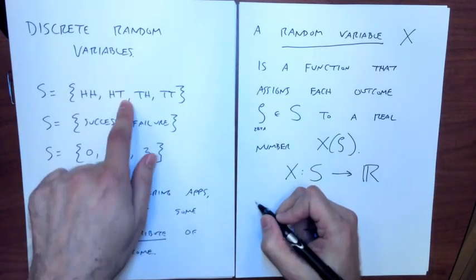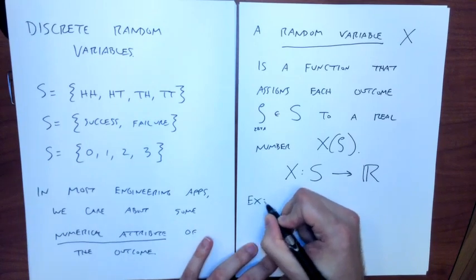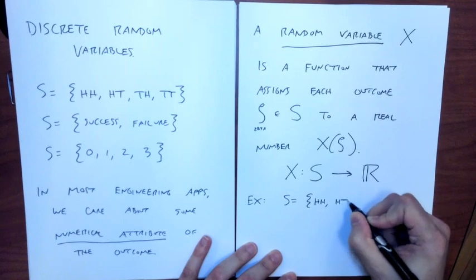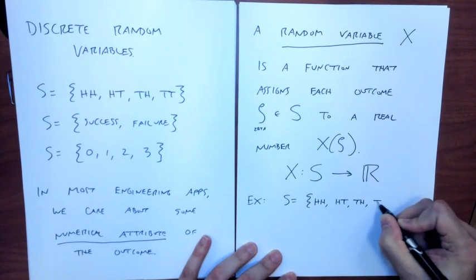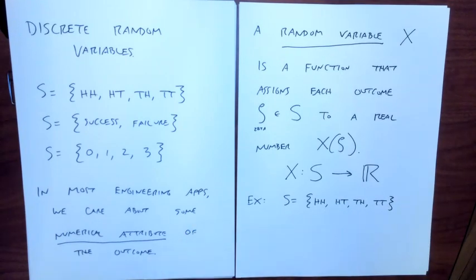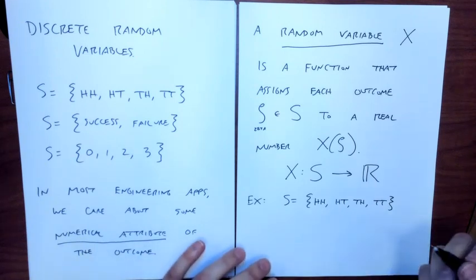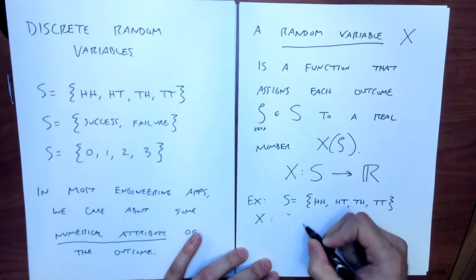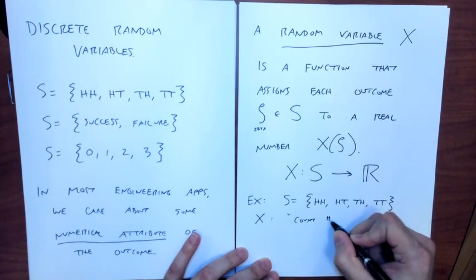So for example, if I take this guy over here, suppose that my sample space is the pattern of 2 coin flips. My function X could basically be, in words, count the number of heads.